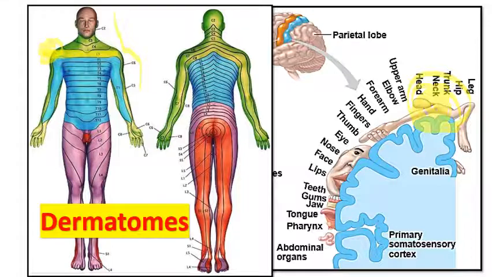You'll notice that the index finger is listed as C7. That means if you touch something with your index finger, the signal will go up your arm and into the spinal cord through cervical vertebra 7, and eventually end up in your brain right there in the somatosensory cortex.